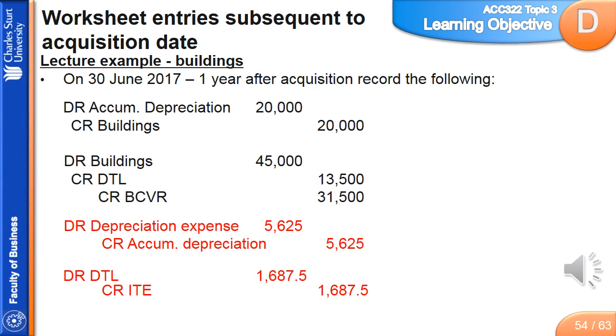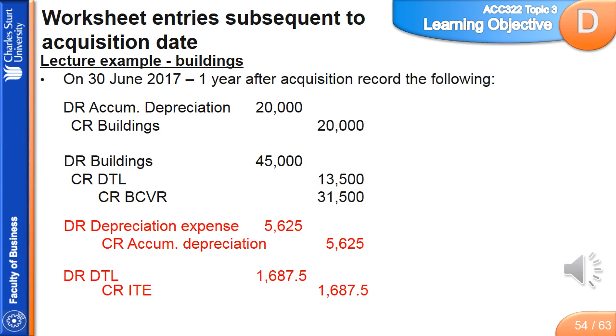The first one being the added depreciation calculated in the previous slide via a depreciation expense and a credit to accumulated depreciation. And we've also got this DTL, which is debited by 30% of $5,625, and same again for the income tax expense, that's been credited. And what's happening is this is reversing that deferred tax liability that was recorded up above, that $13,500.